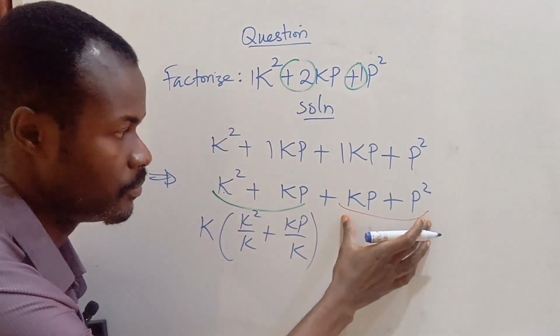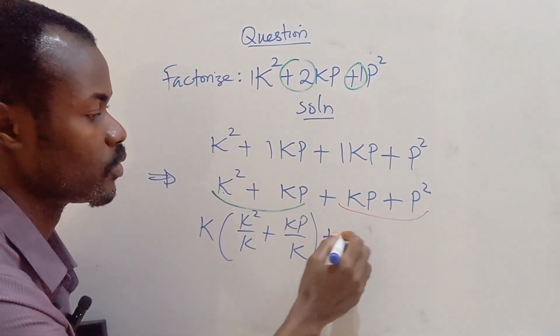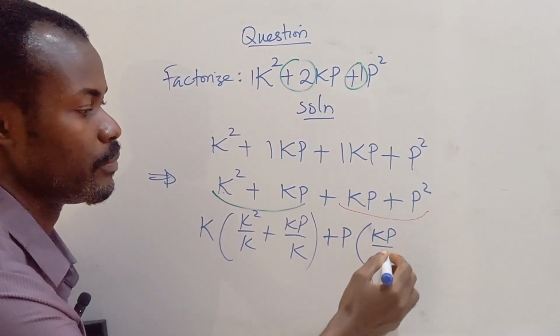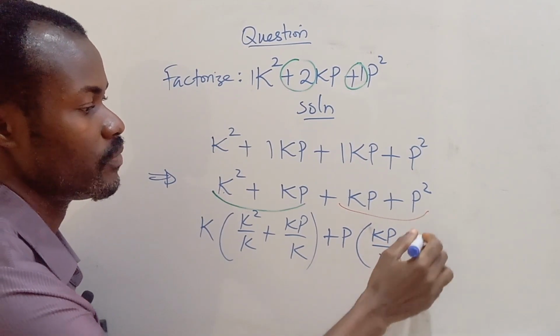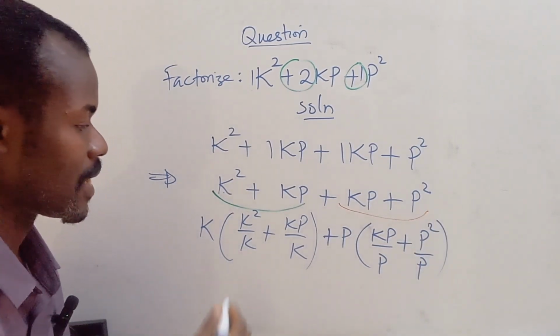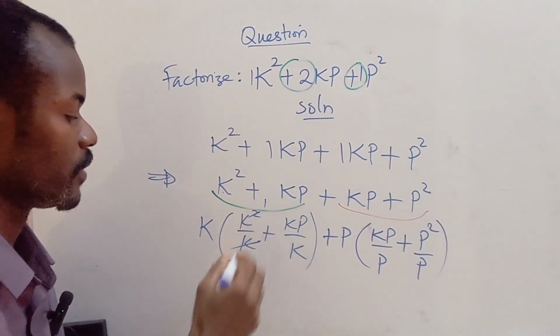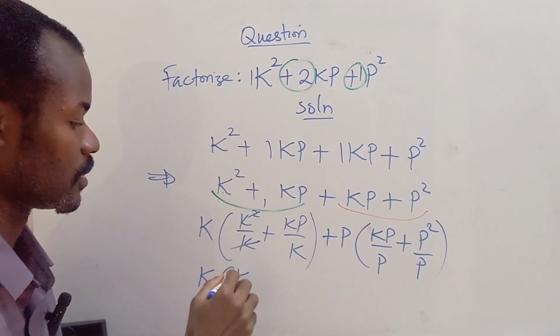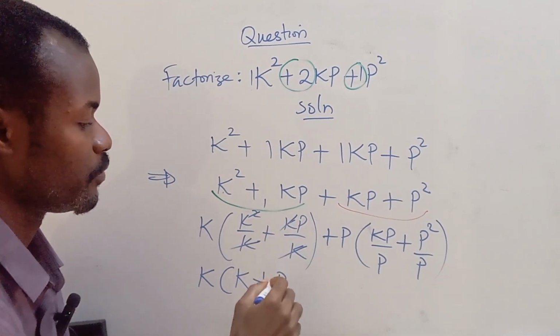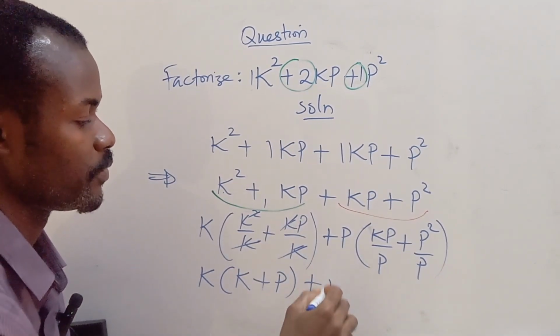Now for this, we have p is common, so I'm going to put plus p, and I'm going to divide kp by p, and I'm going to divide p squared by p. So we can now cancel. K will cancel one of these, so we have k into this is k plus p. So k will cancel this, so we have p plus p here.